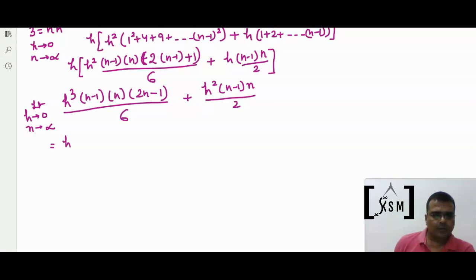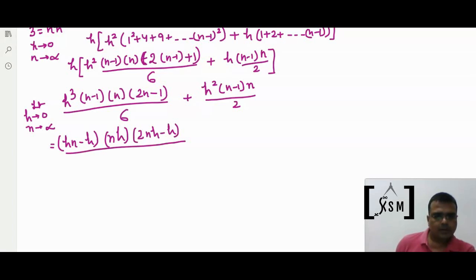We will get (nh minus h), 1 h we put inside the bracket, another h I will put inside this, and another h we will put inside here, over 6, plus here 1 h we will put inside the bracket, so we will get (nh minus h), 1 h we are bringing in, and another h we connect with n, all over 2.